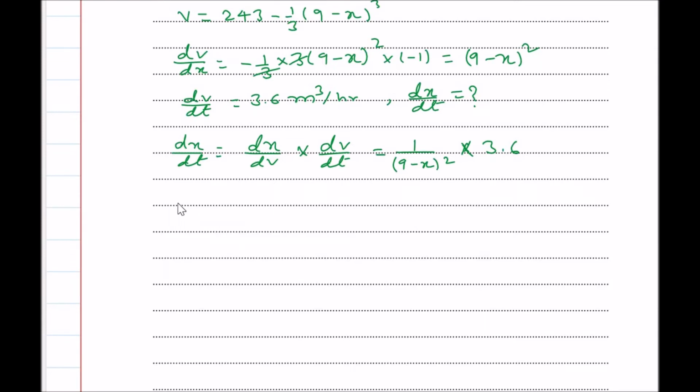Now at x depth given 4 meters, so at x equal to 4, dx by dt is equal to 1 divided by 9 minus 4 square into 3.6. And if you simplify this, we get 0.24.